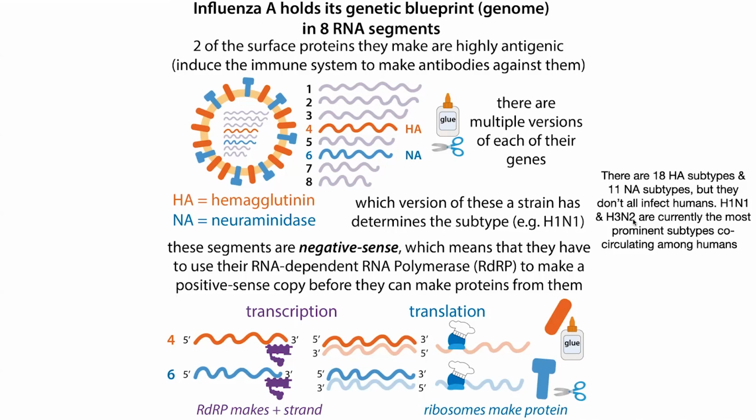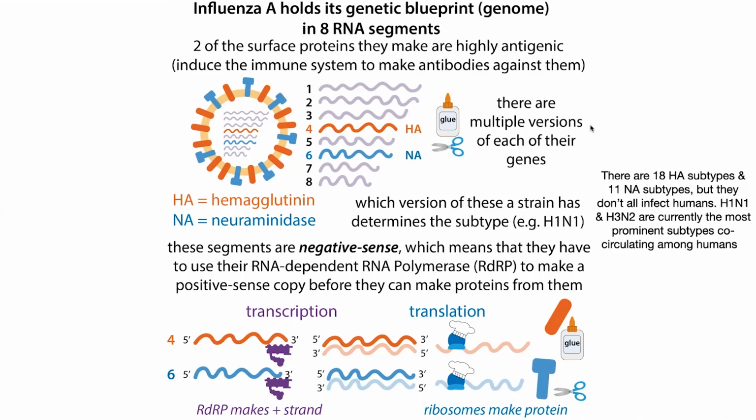Those are currently the most prominent subtypes circulating among humans, but there are actually 18 HA subtypes and 11 NA subtypes. Thankfully, not all of them infect humans, at least not yet, but they have the potential to, if they were to evolve. This is one of the reasons why it's important to have surveillance of animal influenza, in case those viruses evolve in a way that they can infect humans.